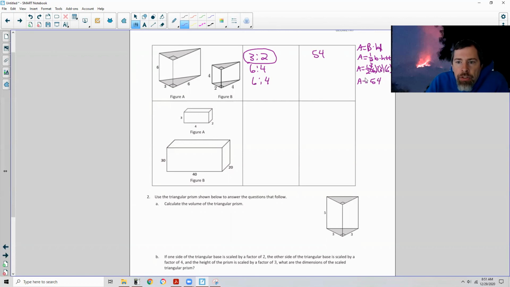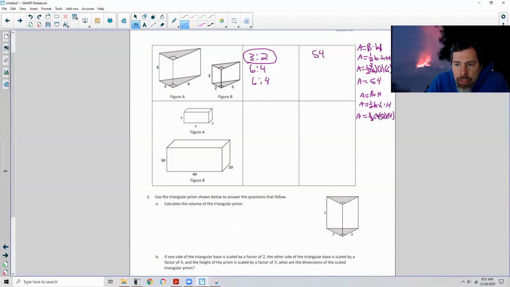And so then I'm going to do it again for the other one. V equals capital B times H, which is 1/2 little b times little h times big H. So 1/2, this little b is the base of the base, 4. This lowercase h is the height of the triangle's base, which is 2. And the height, capital H, is the height of the prism, 4.